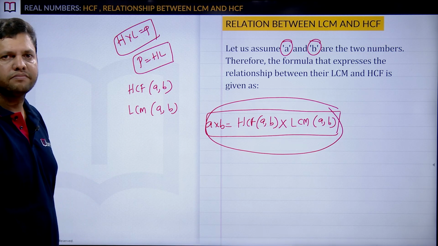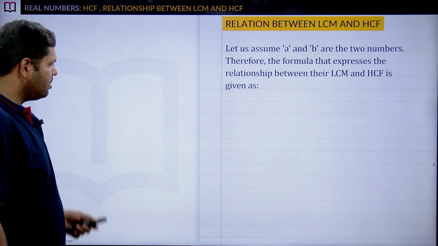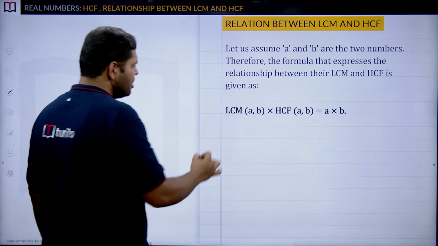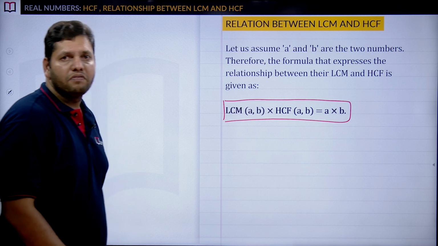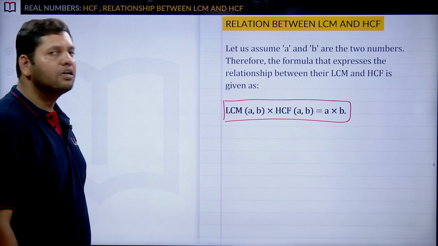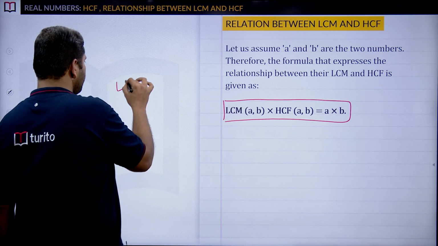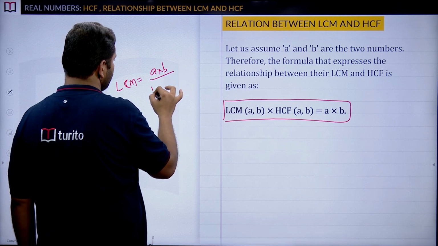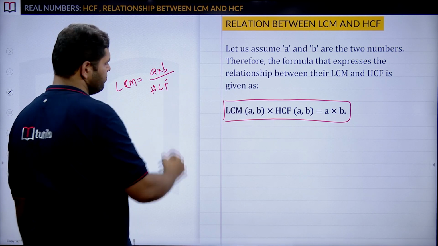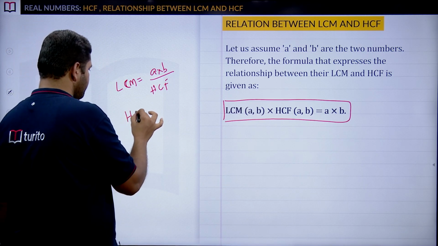Clear, children, everyone? Okay. Children, once look at this condition here. LCM of A comma B into HCF of A comma B, we can write as what, children? A into B. Children, from this I can write LCM equal to, how I can write? Product means A into B, and this is HCF. Next one, HCF.